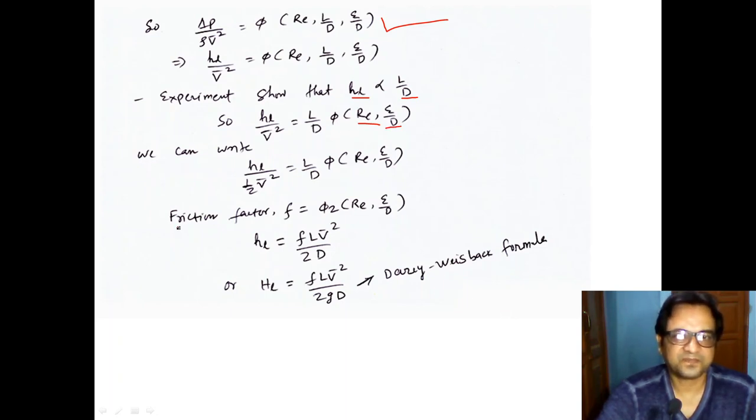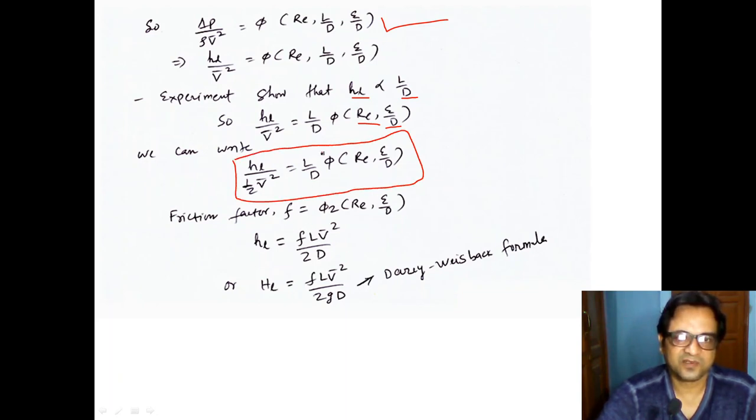We will divide this V square by 2, because half V square is related to the kinetic energy per unit mass. So it is better to express it as HL by half V square equal to L by D and a function of Re and epsilon by D. So this we got from the dimensional analysis.